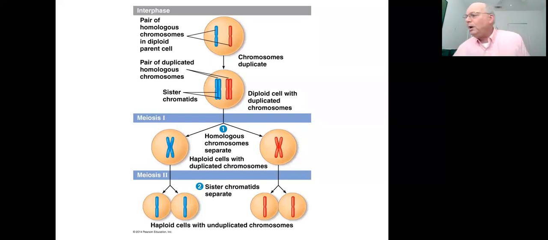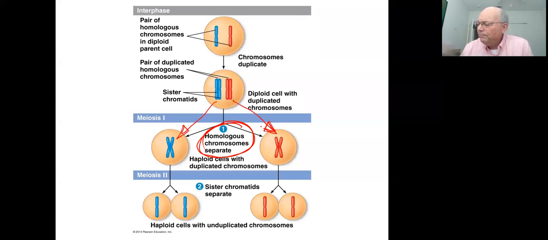So meiosis 1 then separates the homologous pairs. And so you can see here, change this to red, that this is what is going on. We are separating the homologous pairs of chromosomes in meiosis 1. So 1 member of each homologous pair goes this way, 1 member of each homologous pair goes this way.